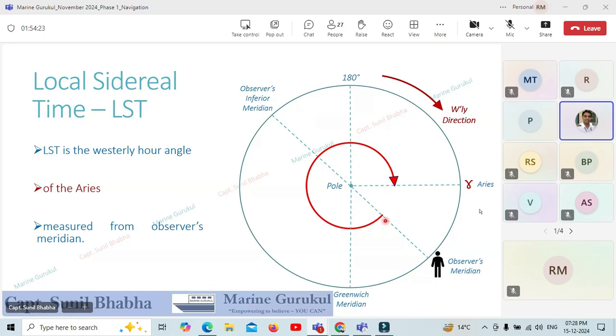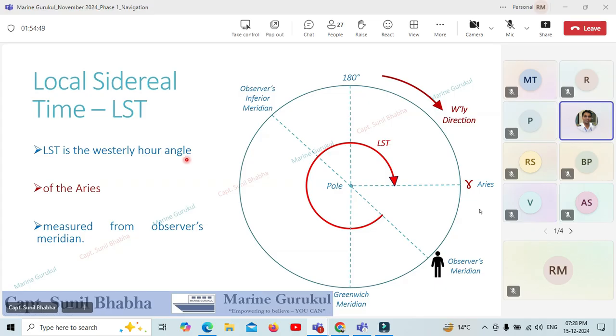Now this red color angle which you see is the local sidereal time. So you see, starting from the observer's meridian, going in a westerly direction and going up to the first point of Aries, this angle gives you the local sidereal time. You can check it with the definition.